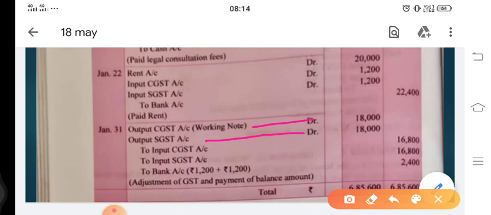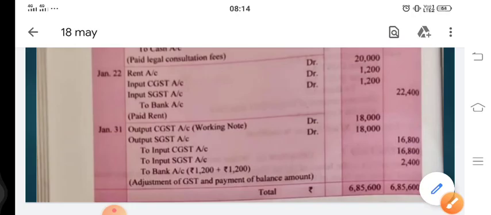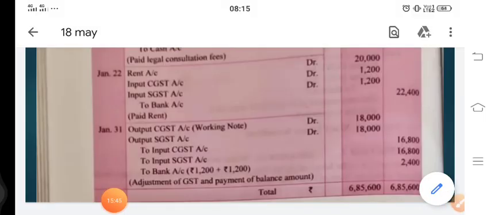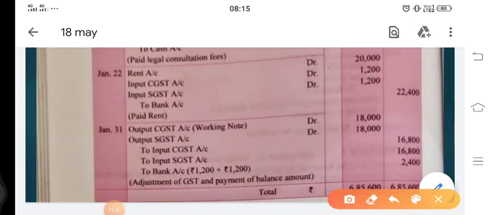So CGST and SGST both got debited with 18,000 and 18,000. Input CGST was earlier debited because it was an expenditure. Now since we are adjusting that, it has to be credited. So input CGST and input SGST both got credited with 16,800.